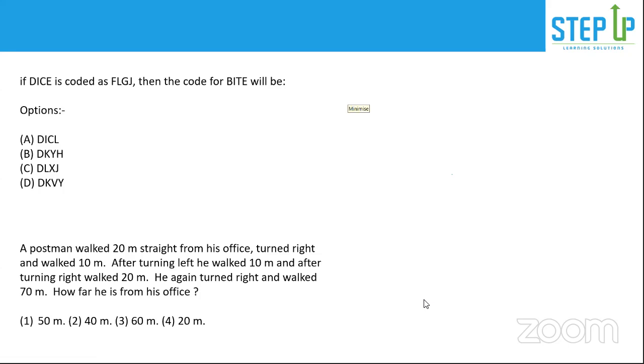First tell me, DICE is written as FLGJ. Simple, difficult? And what is the logic?